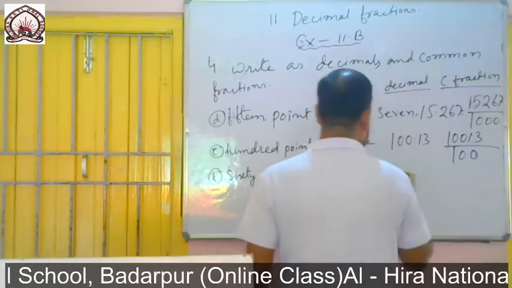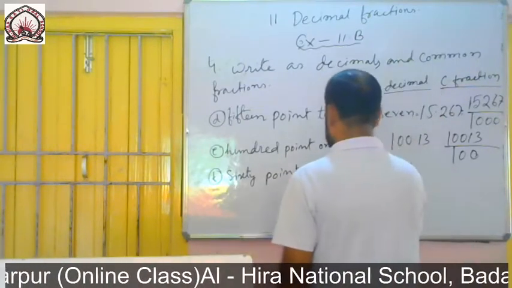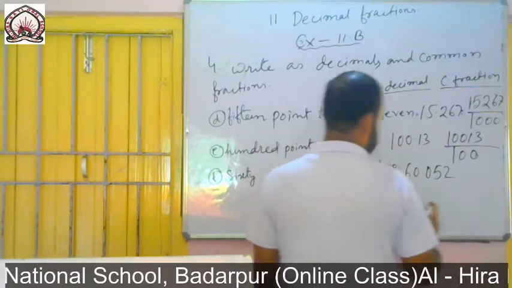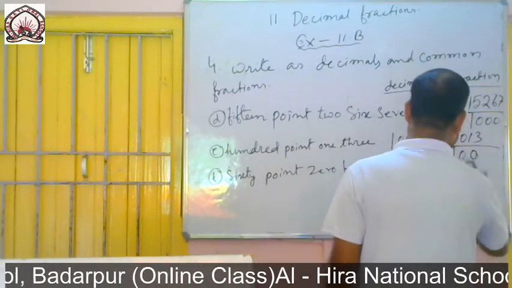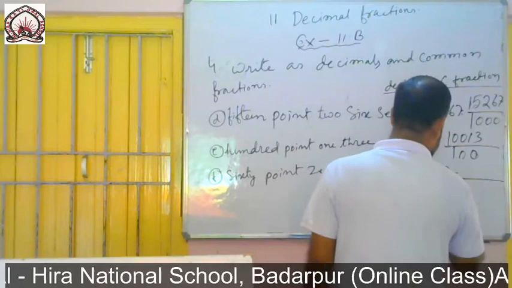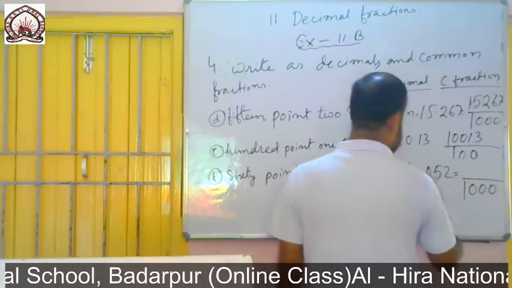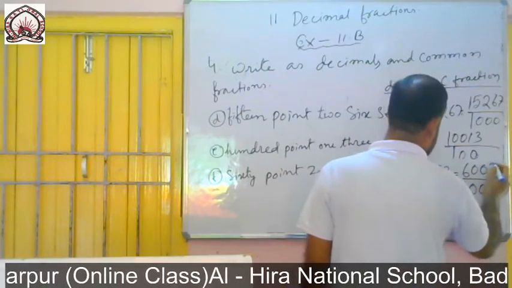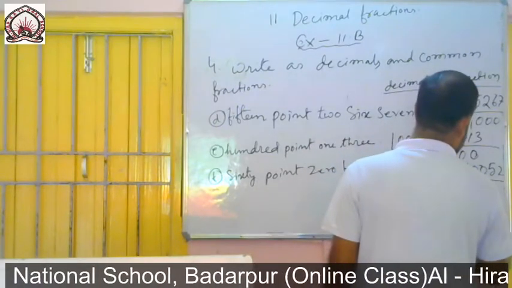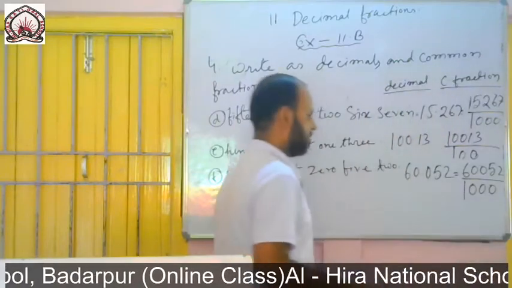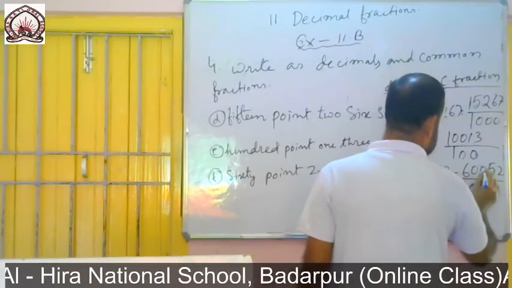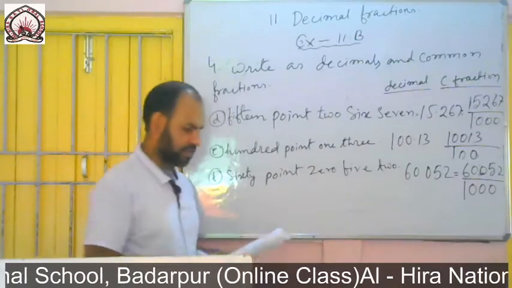Here the decimal fraction is 60.052, and the common fraction: in place of the point 1 and 3 zeros, and write this number, 60052. So the answer is 60,052 by 1000. Next question number 5.